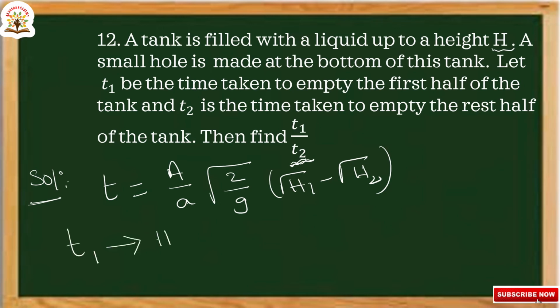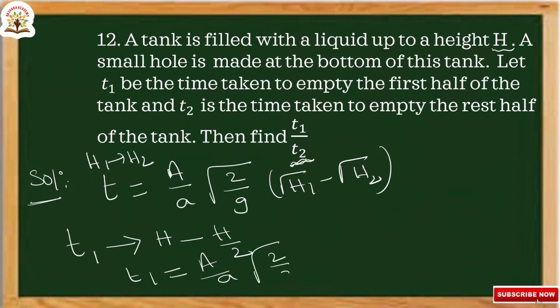Now we are reducing from H to H by 2. This is the time from H1 to H2. Now T1 is equal to A by a, root 2 by g, of, here we are calculating H to H by 2.